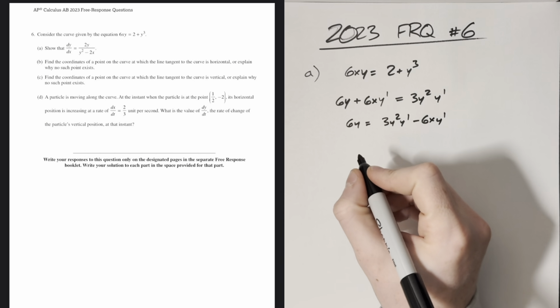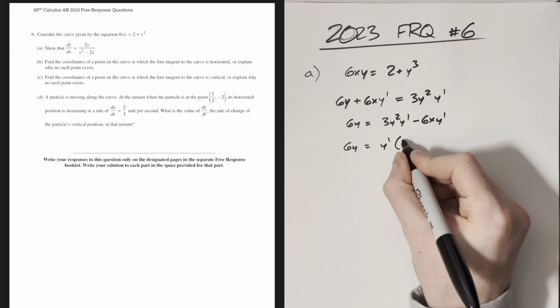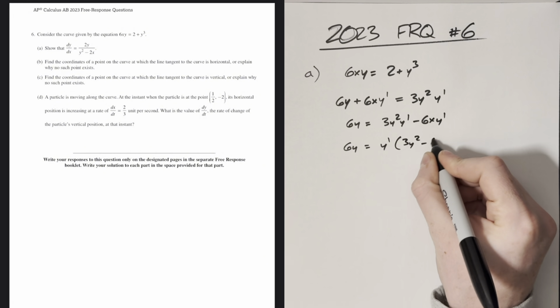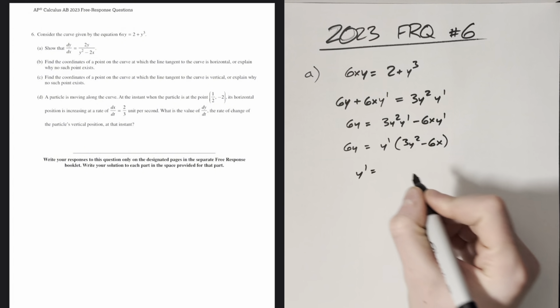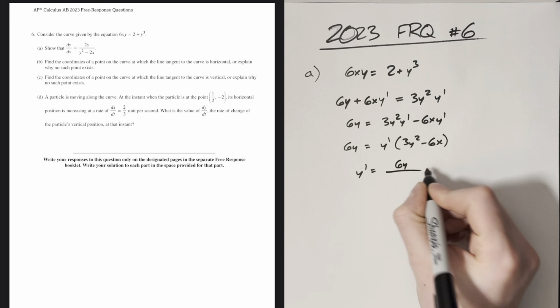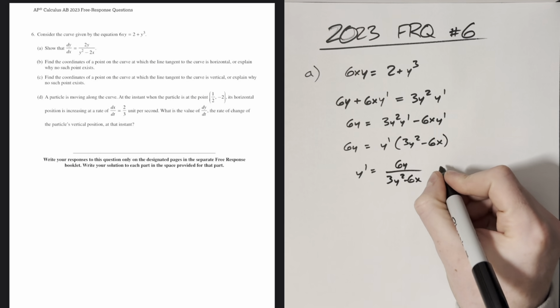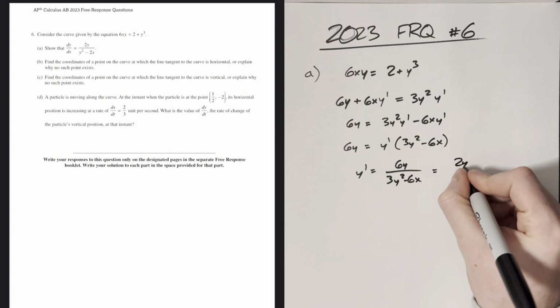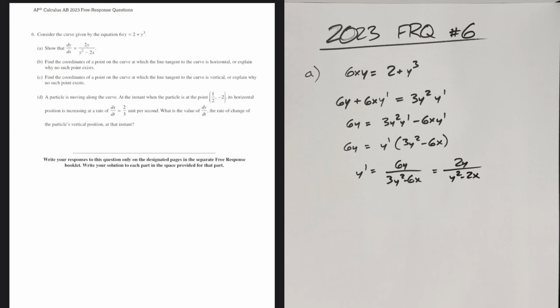I'll factor out the y prime times 3y squared minus 6x, divide over, and I get y prime, or dy/dx, is equal to 6y over 3y squared minus 6x. I can divide the top and the bottom by 3, and I get 2y over y squared minus 2x. And I check and see it is in fact the same, so we're good, right?